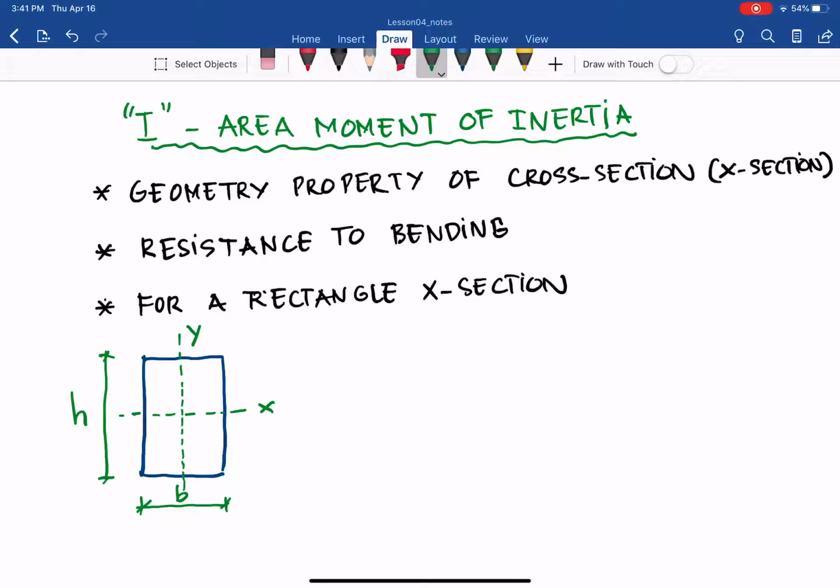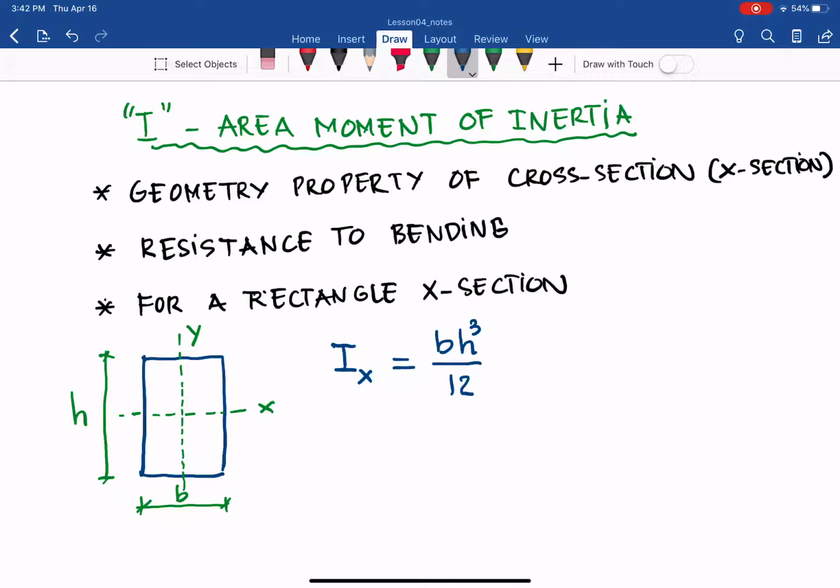Then, what is the area moment of inertia about the x-axis? It will be equal to b h cubed over 12.